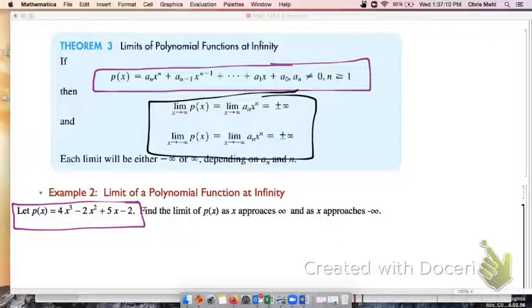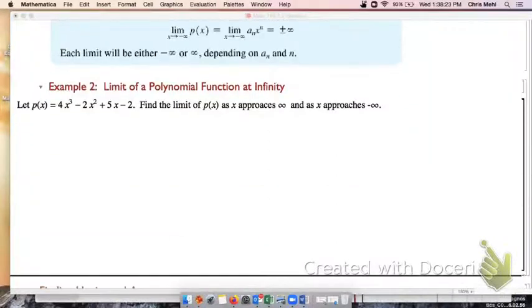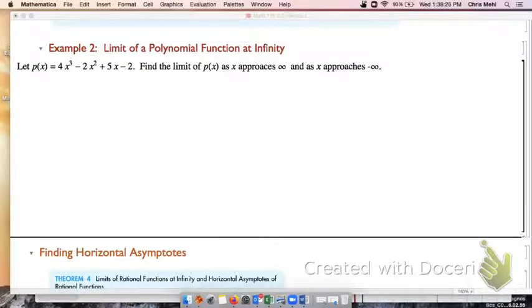So whether you're looking at how the polynomial p of x behaves as x goes to infinity or negative infinity, what it says is the limit of the polynomial function is the limit of the leading term, a n x to the n. Let me just show you this down here. Essentially what that previous theorem says is that the limit of a polynomial function at infinity only depends on the leading term.